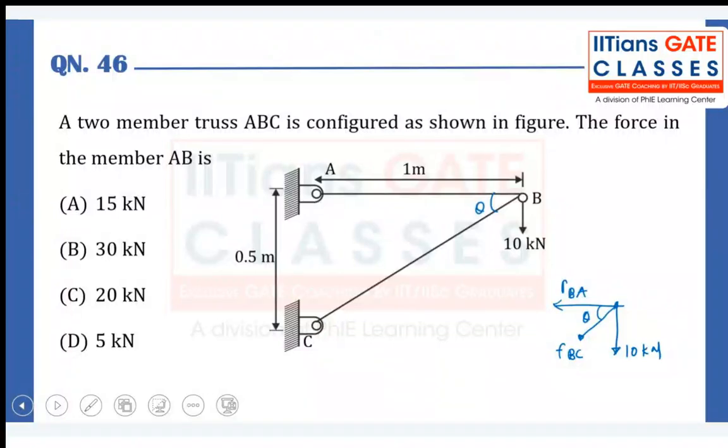We are supposed to calculate the force in the member AB, which means we should know the horizontal component of FBC. However, in order to get the horizontal component of FBC, we should know the value of FBC first. The vertical component of FBC has to be equal to 10 kilonewton.